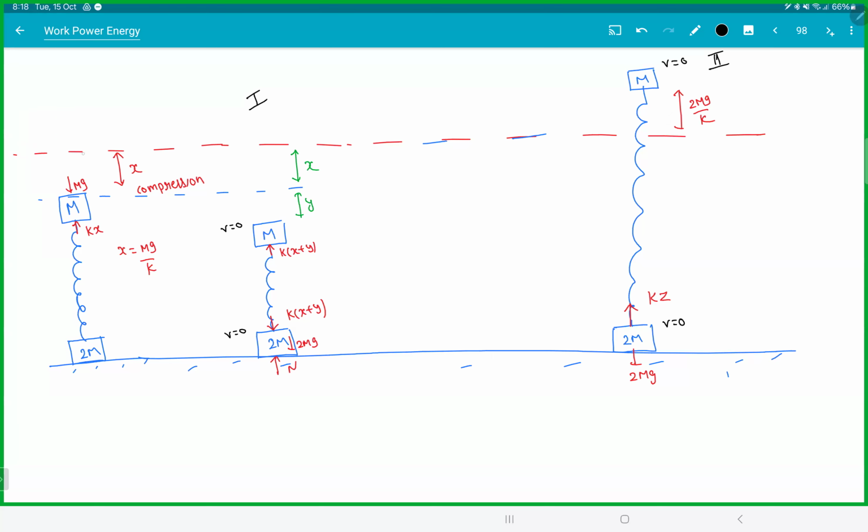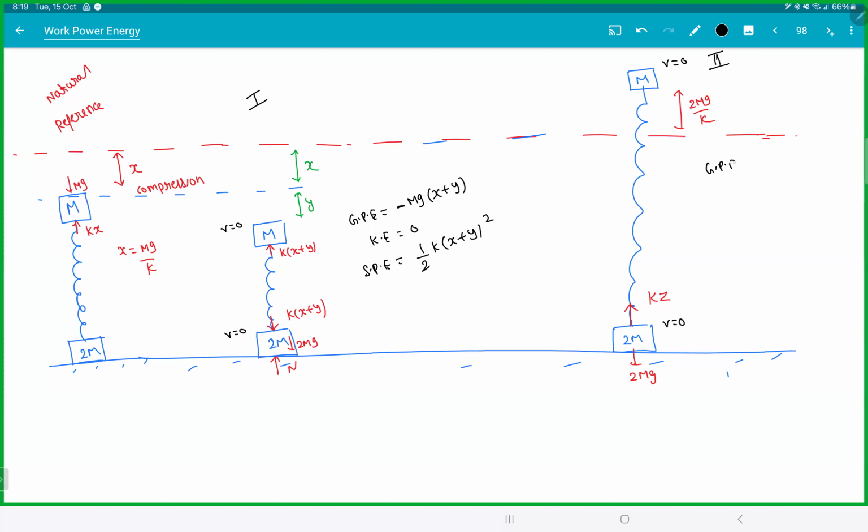I will take my natural length as a reference line. State 1, gravitational potential energy: minus mg times x plus y, since it is below the reference line. Kinetic energy, 0. Spring potential energy, it is always compression from natural length, half k times x plus y whole square.